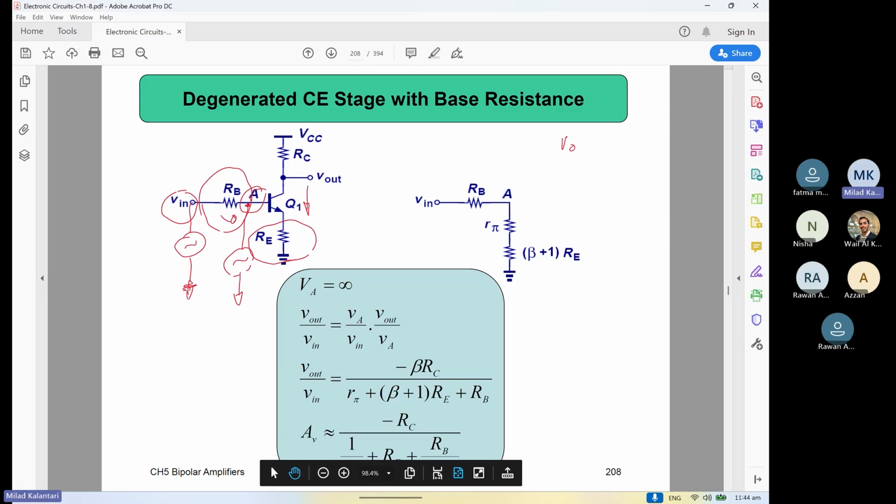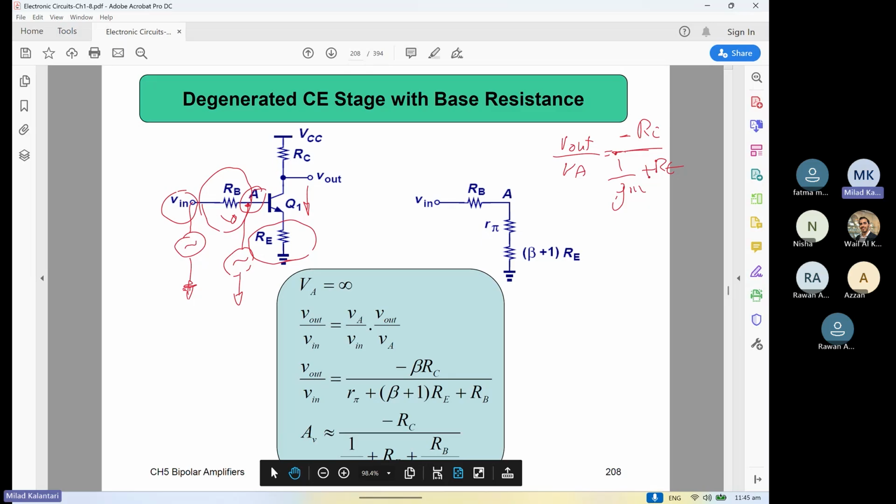We know the V out to VA is the common emitter with emitter degeneration. You can calculate it by this times RC, right? But how about from V in to VA? You need to find the IB, as you mentioned, to subtract it.